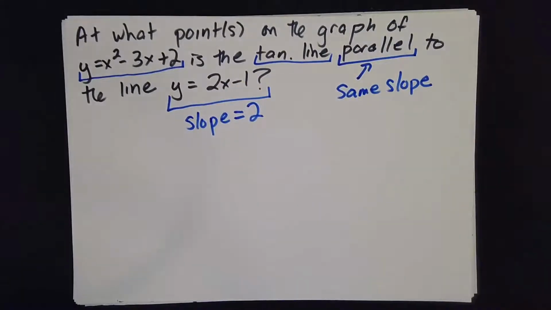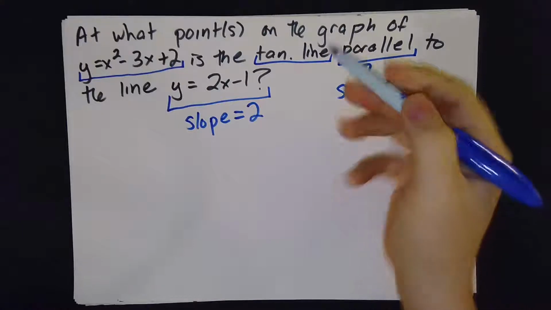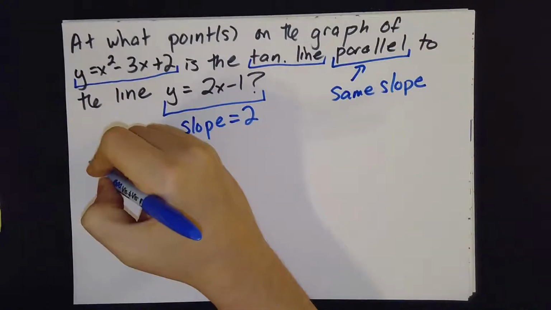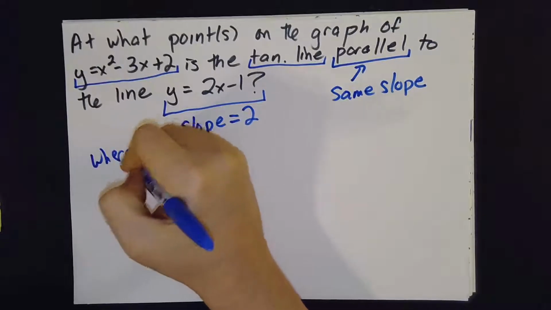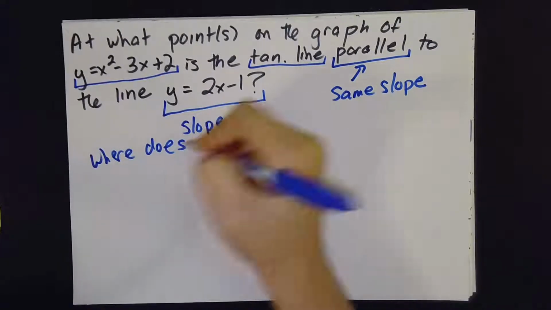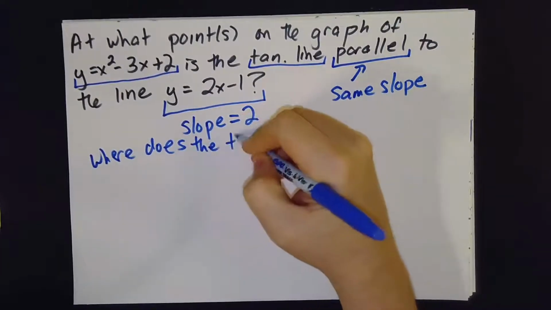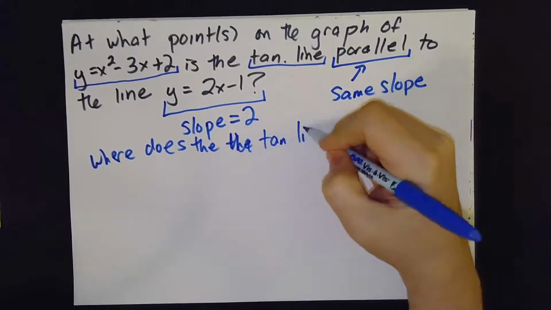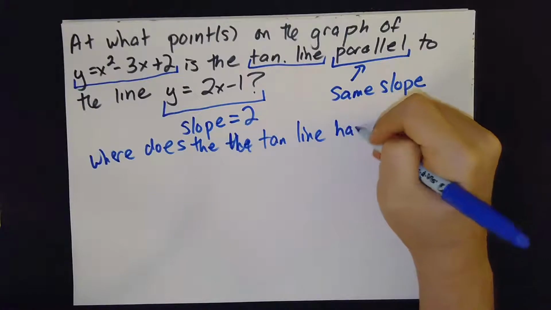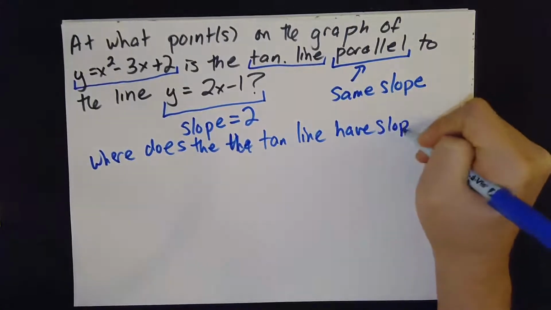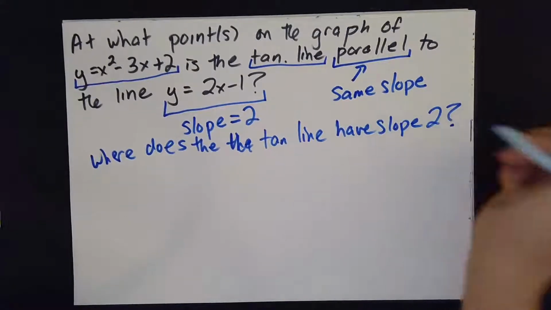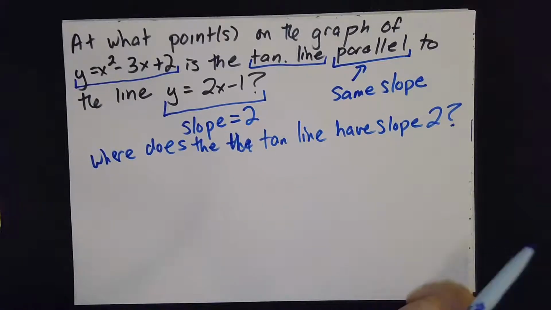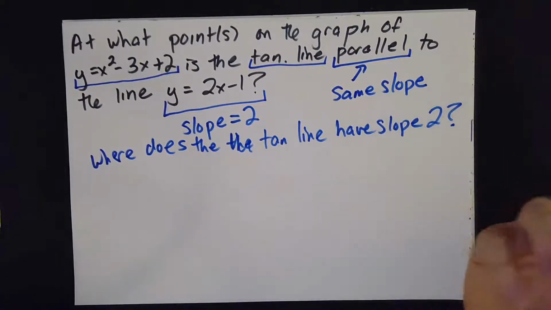Okay. So really, this question, after you look at it, is really asking, where does the tangent line have slope 2? And so that's really asking, where is the derivative 2?